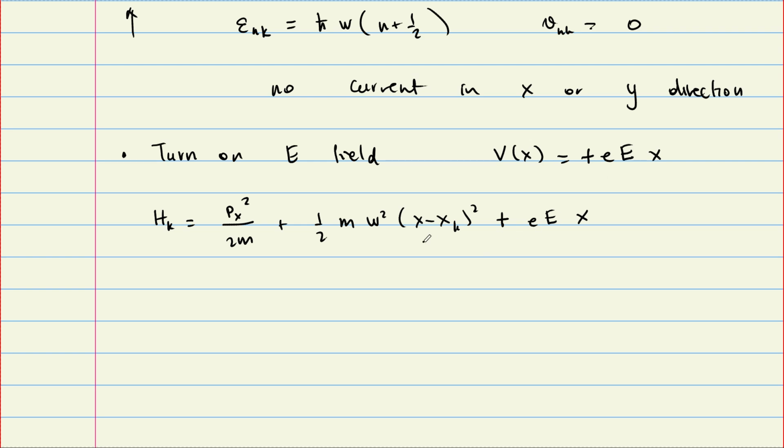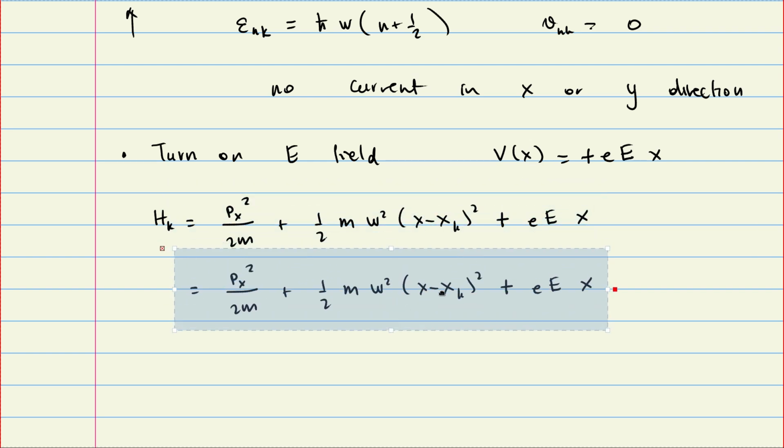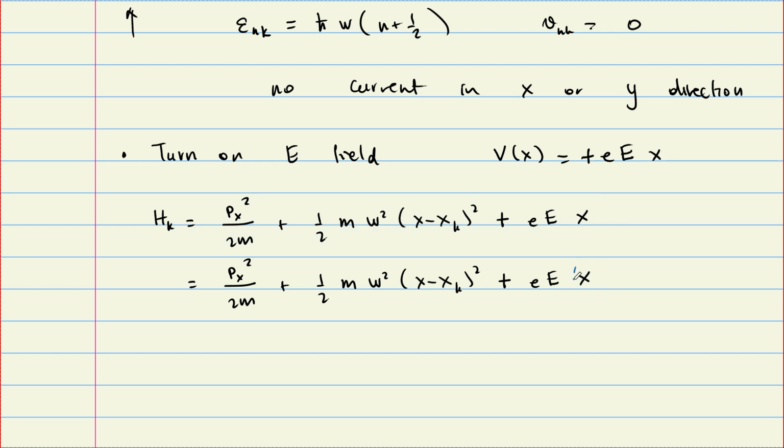And what I want to do is, there's x squared here, there's x here. I need to combine these two factors to get a new x squared and change the variable, and then try to put this in a form similar to this harmonic oscillator. So let me do it in a couple of steps. Just no calculation, just rewrite. So I want to put minus xk here, and I want to put plus xk. And I want to put the parentheses here, like that.